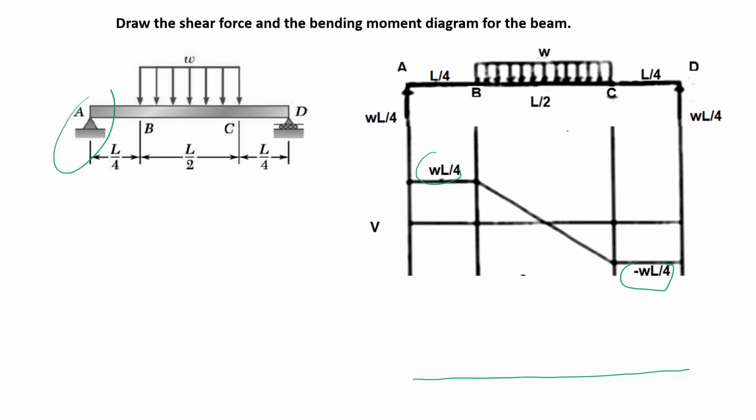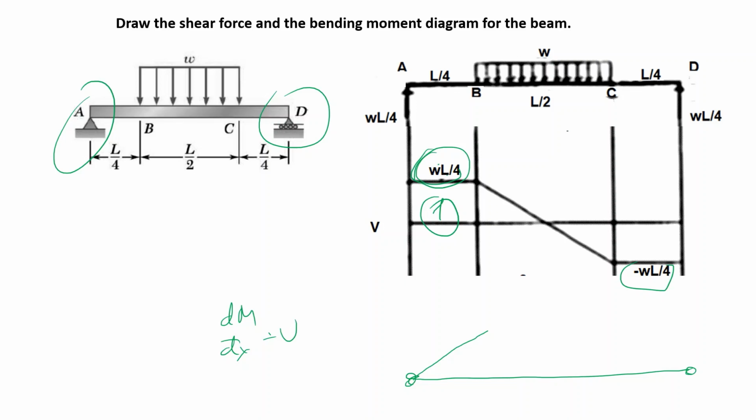Well, since we have pins here and here, the moments are 0. In region 1, the slope of the moment is equal to V, the shear force. It is a positive value, so we go up with a value of WL over 4.